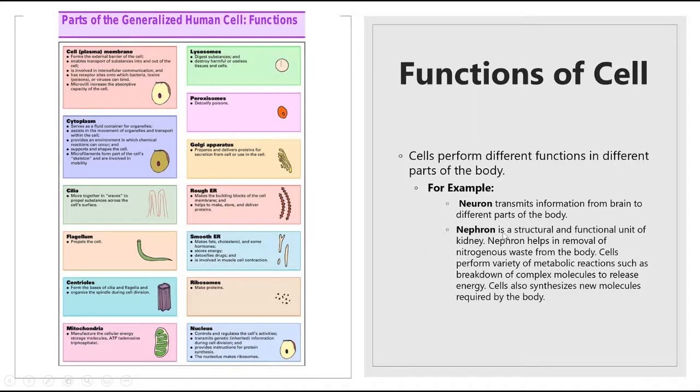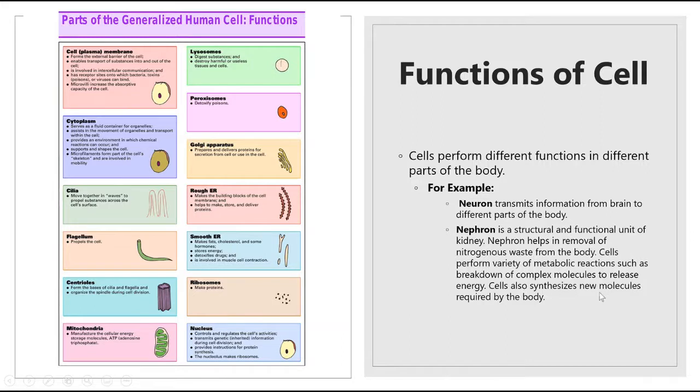Nephron, on the other hand, is the cell name of the kidney, the structural and functional unit of the kidney, which helps in the removal of nitrogenous waste materials from the body. These cells perform a variety of metabolic reactions such as the breakdown of complex molecules to release energy. Of course, releasing energy is the same for both the neuron and the nephron, because it is a fundamental need in order for the cell to live, right?